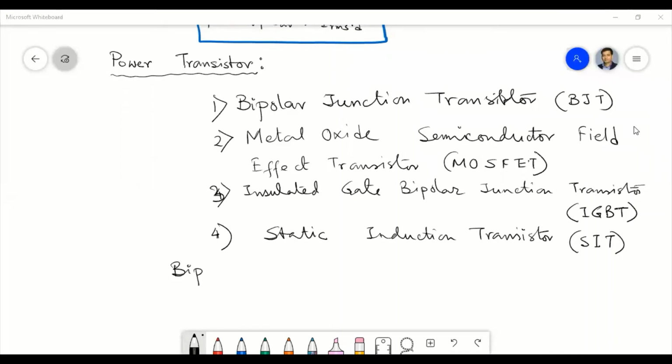I know that today I cannot continue, so I am only mentioning the names and will discuss all this in the next class. I will start the bipolar junction transistor in the next class, and it will take two to three classes. Then we will start the MOSFET and IGBT. I should stop here because the internet is giving lots of trouble today.